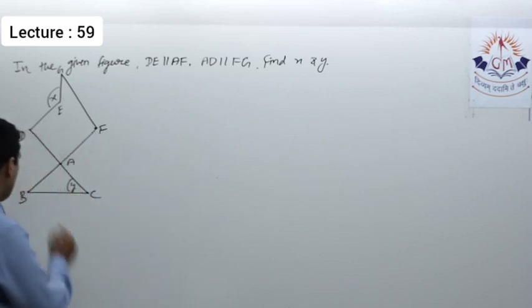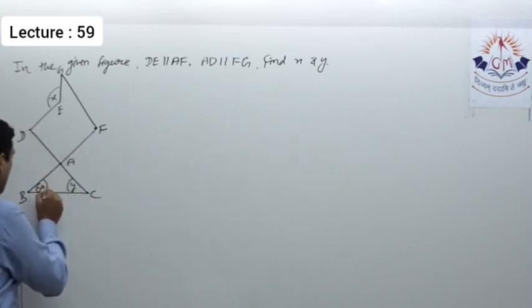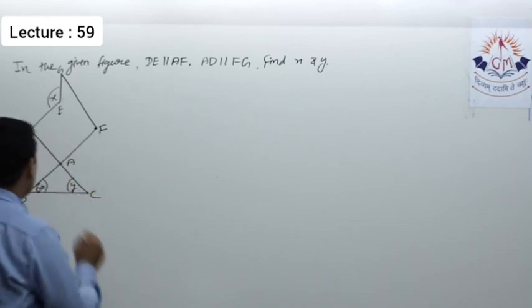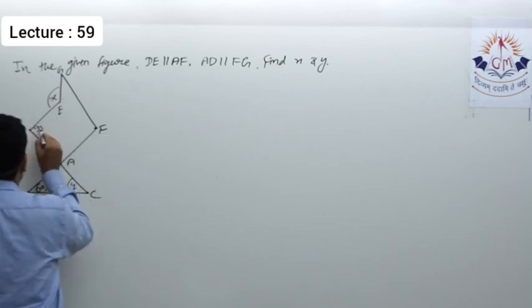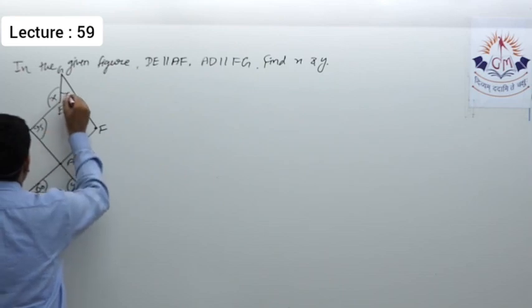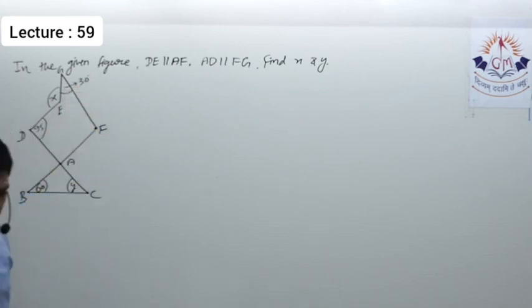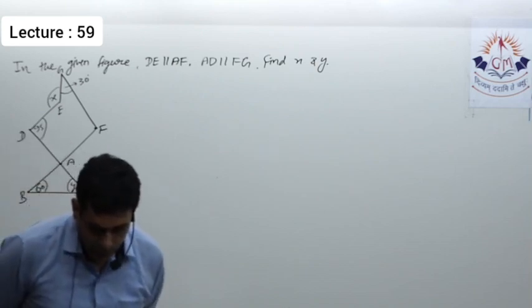Here it is given 60 degrees, another angle is given 95 degrees, and this angle is given 30 degrees. So these three angles are given to you, and X and Y you have to find.